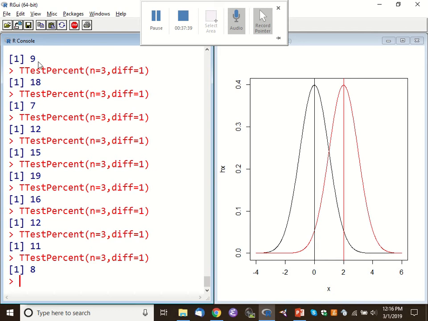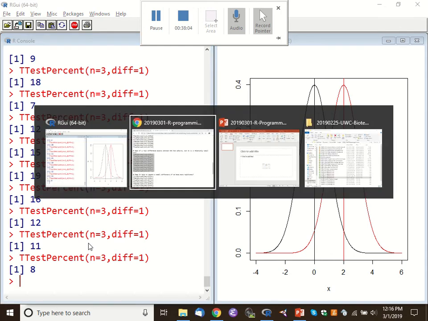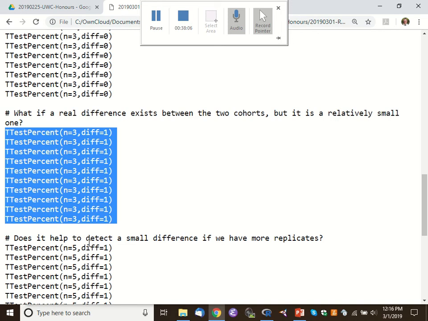I see a 9, at 18% of the time, 7% of the time, 12% of the time, 15, 19, 16, 12, 11, 8. This is a tough difference to find, to recognize that there's a real difference on the basis of 3 numbers from red and 3 numbers from black. So that was not so great.